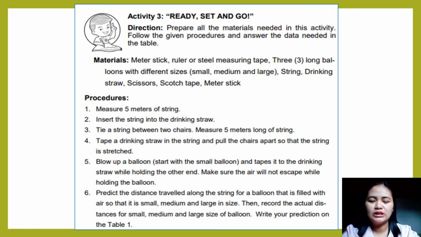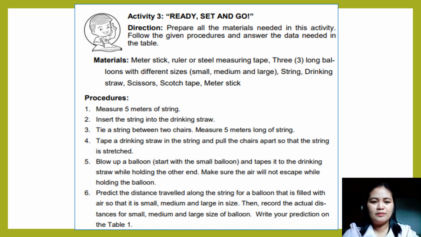And then, yung tali na yon ilulusot nyo sa straw. Yung ginagamit sa pag-inom ng palamig or soda. Okay. And then, kapag nailagay nyo na yung drinking straw sa tali, itali nyo sa dalawang upuan or basta gawin ninyong parang sampayan yung tali na nakalagay na yung straw. Dapat banat na banat. Para kapag ginamitan mo na ng hangin galing sa balon, makatakbo siya ng maganda dun sa tali.